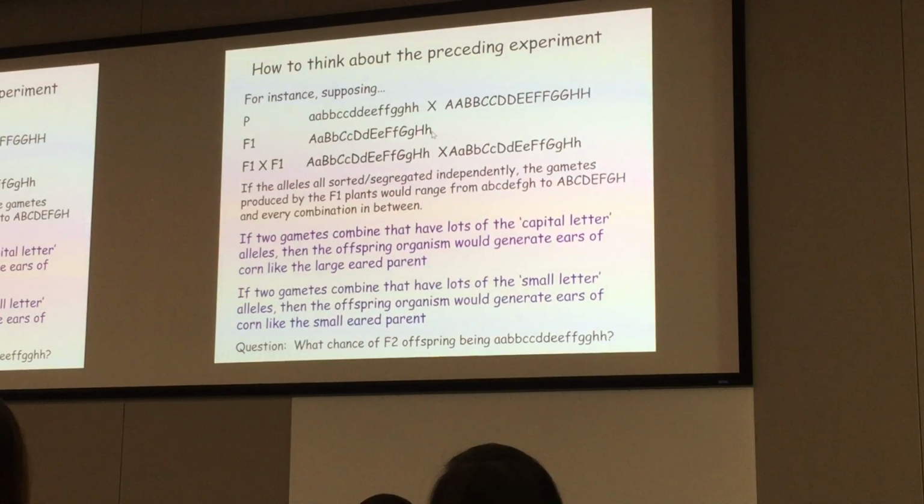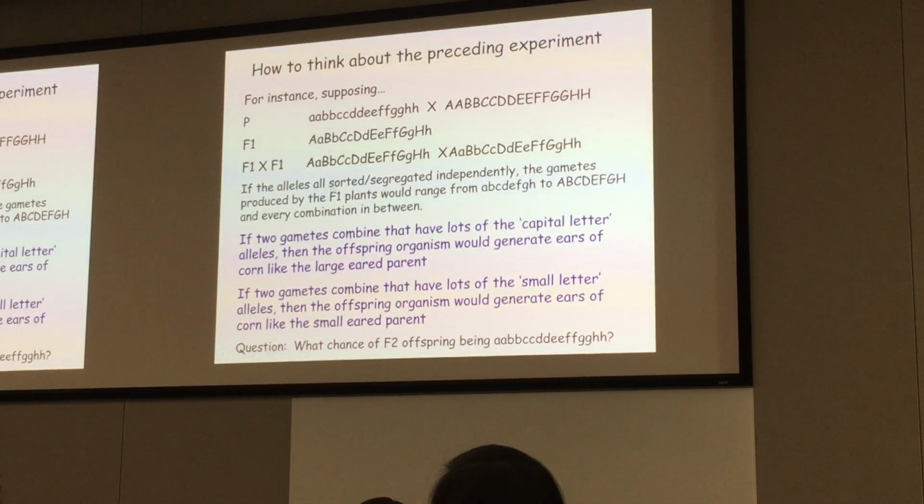So a lot of questions will kind of ask you what's the frequency of certain things occurring in a mating like this, and the chance of being small a would be half a chance of getting this, half a chance of getting this, right? If you extended that to B, now you would have to consider, well, there's a half a chance of getting small b and another half a chance of getting small b.